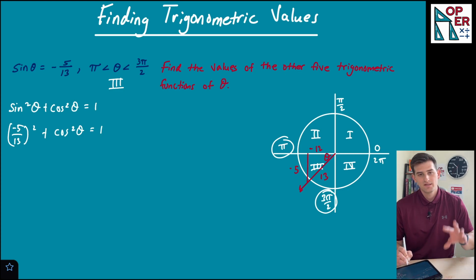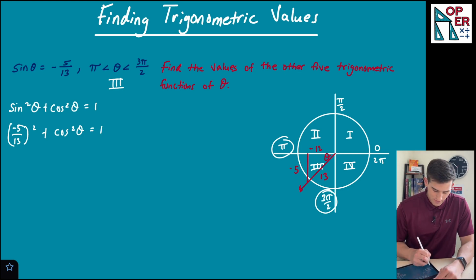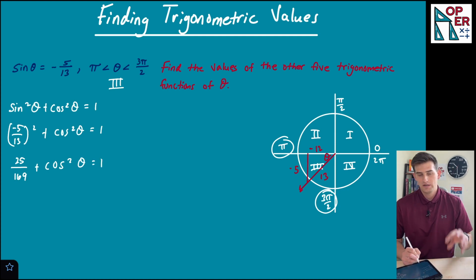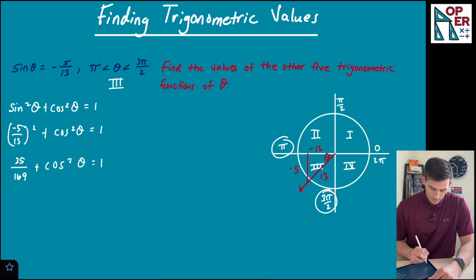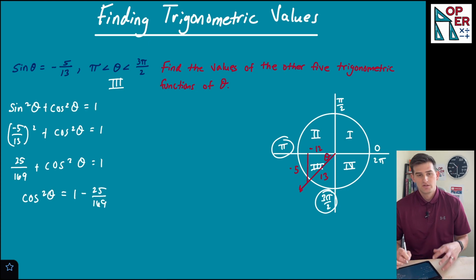Let's simplify this and then subtract it to the other side. -5 squared would be 25, and 13 squared is 169. So now we have 25/169 plus cosine squared theta is equal to 1. Now I'm going to subtract this fraction so that cosine squared theta is by itself, equal to 1 minus 25/169. Let's rewrite 1 as 169/169.